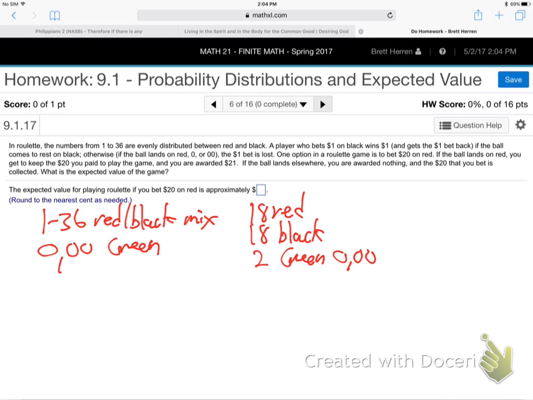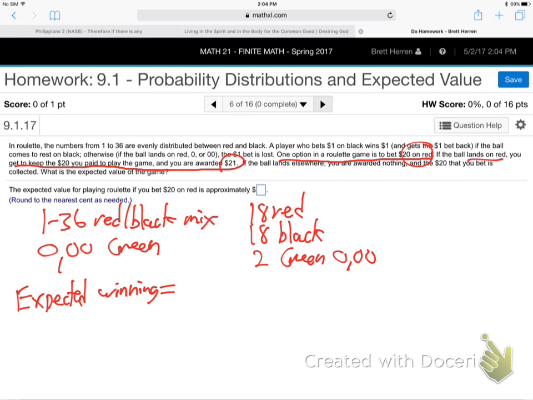Okay, so let's start by finding expected winning, and then we'll bring the cost into play. So what do you do if you're betting? They're saying one option is to bet $20 on red. If it lands on red, you get to keep your 20 and are paid $21.